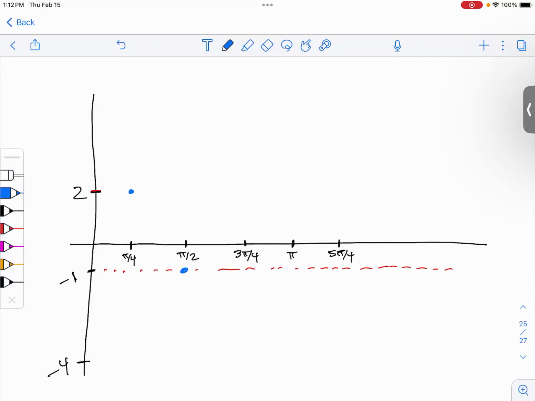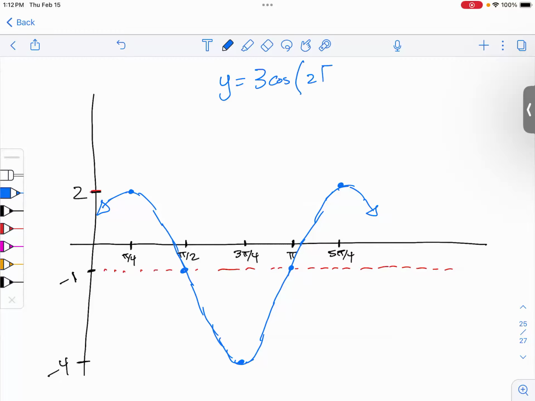Then it dips down to its minimum, which goes all the way down to -4. Then it comes back and hits its maximum again. And that should be the graph of y equals 3 cosine of 2x minus pi/4, -1.